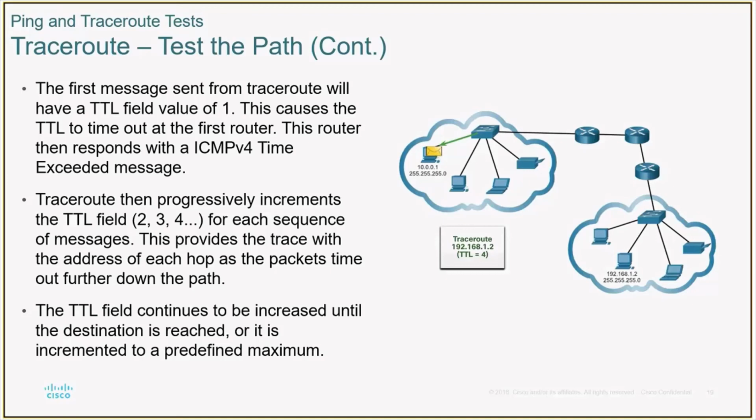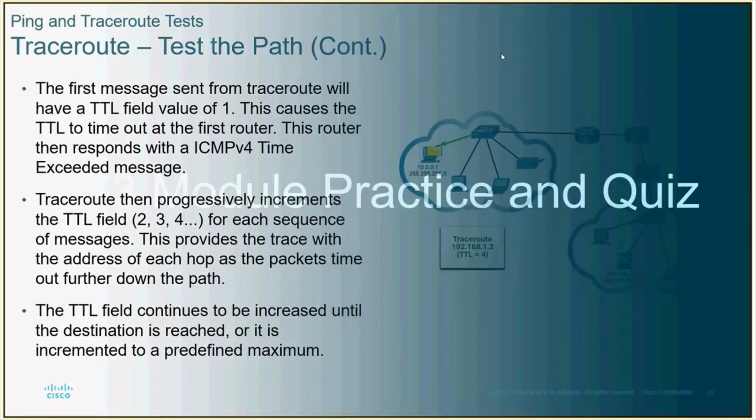The source address of this time exceeded message is how you know what router you've been through. That's how the host figures it out. The TTL field continues to be increased until the destination is reached, or it hits a predefined maximum number of hops. Often if you do Traceroute, it says it's going to go through a maximum of 32 hops or something, I think, from memory on Windows, unless I'm thinking of an old version.